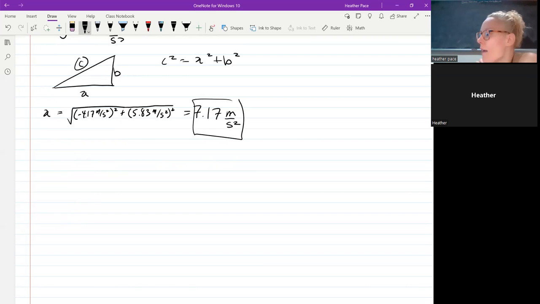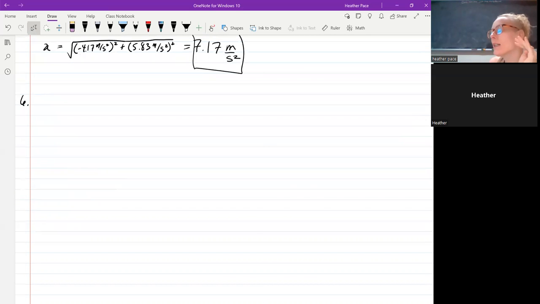All right, now finishing with number 6. Again, let's start by drawing a diagram, like the ant diagram. A rabbit is moving in the positive x direction at 2.00 meters per second. So a little bunny hopping.